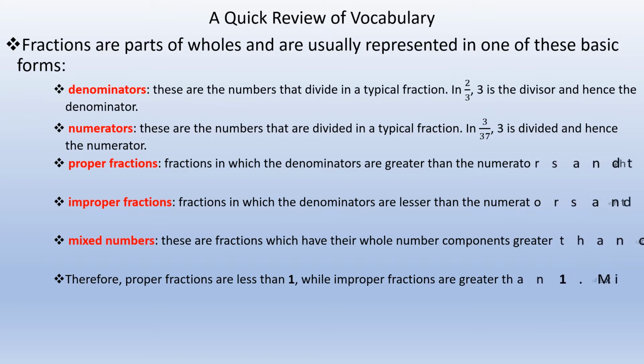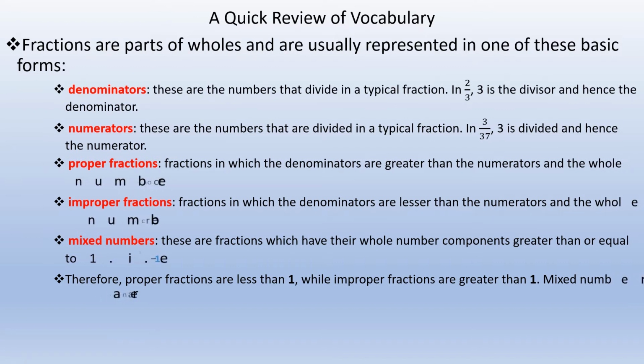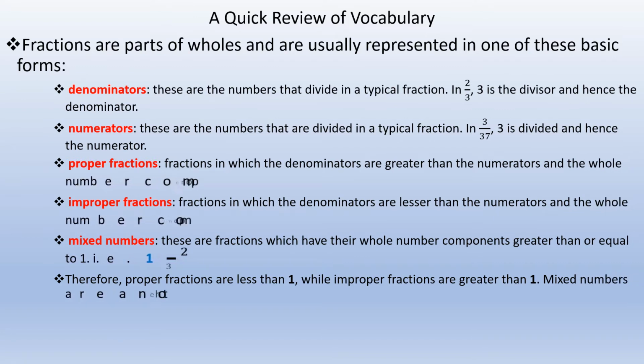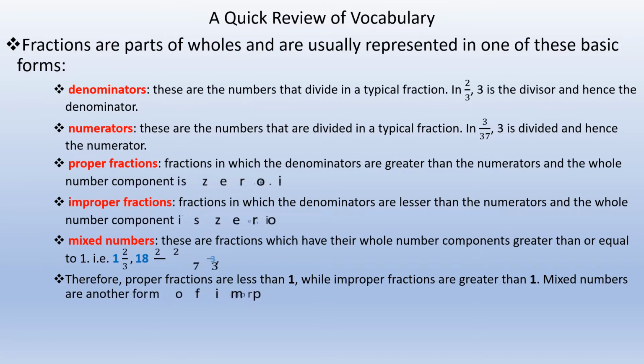So the numerator is a number that is being divided in a fraction. So in the fraction 2 over 3, 2 is the numerator, 3 is the denominator. In this other fraction here, 3 over 37, 3 is the numerator, 37 is the denominator. Hope that makes sense to you.